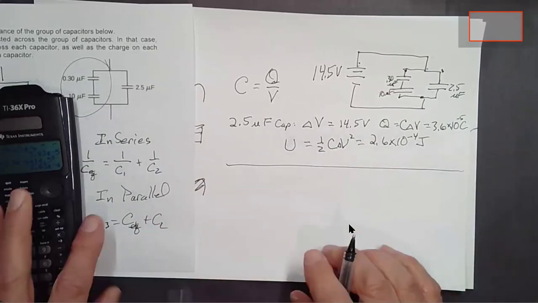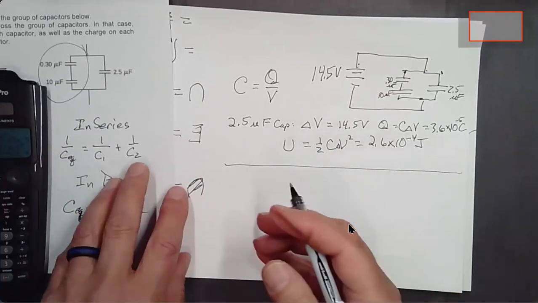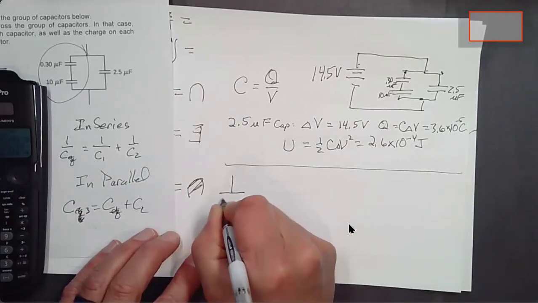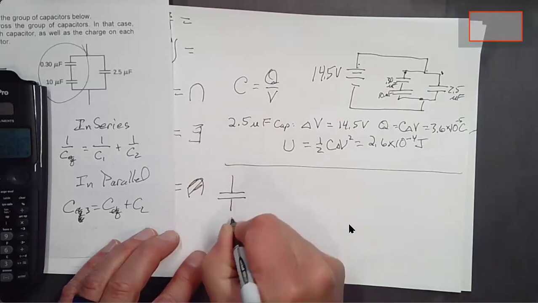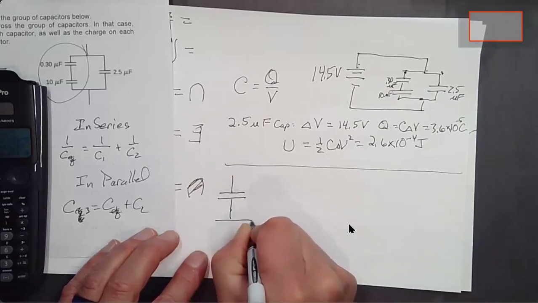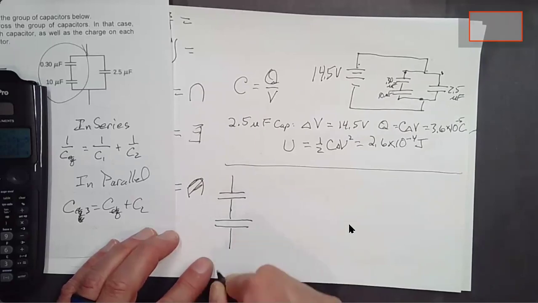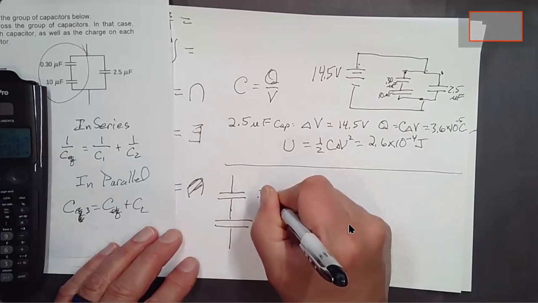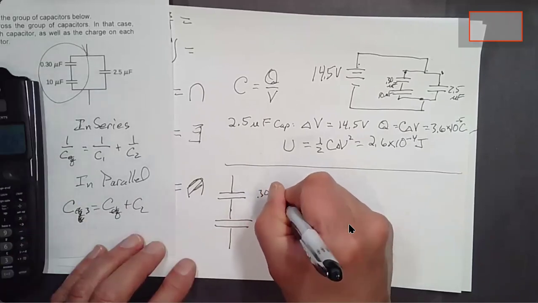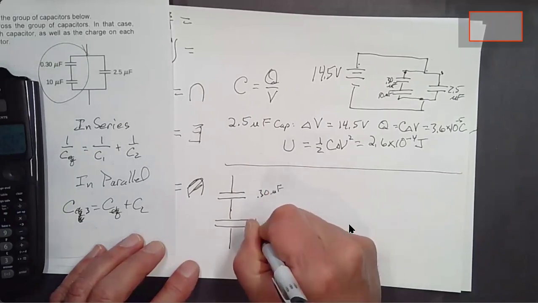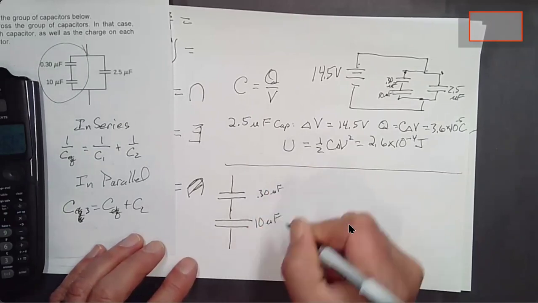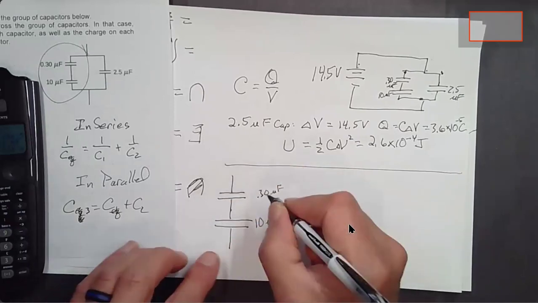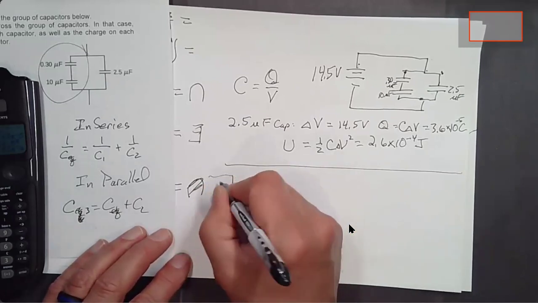Now, for these other ones, I need to do a little bit more reasoning. Here's what I've got. I have these two capacitors in series: the 0.30 microfarad, that's the one on top, and the 10 microfarad. And I have a 14.5 volt potential difference across them.